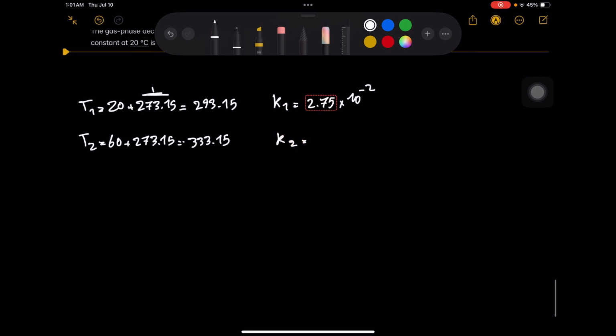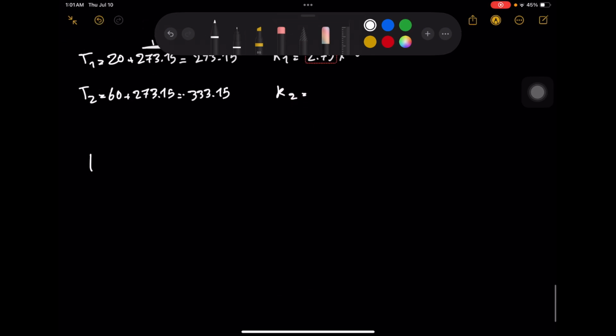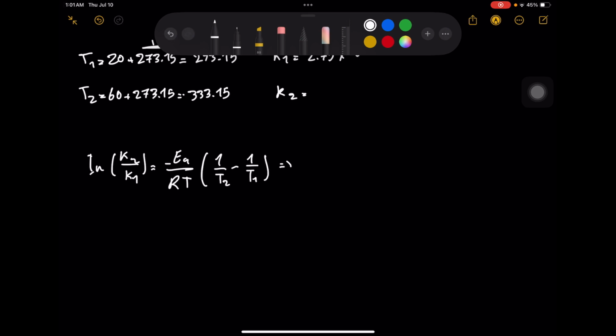Using the formula which we have, ln K2 over K1 equals negative activation energy over R times 1 over T2 minus 1 over T1.